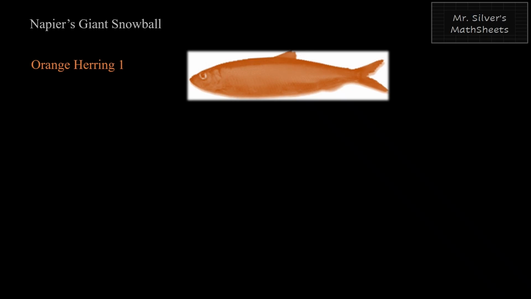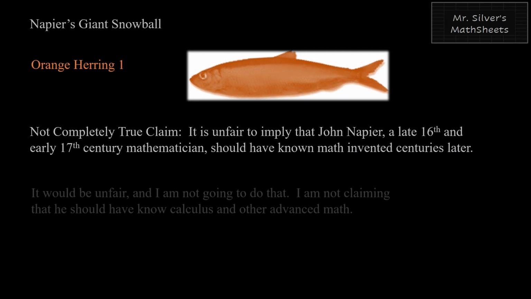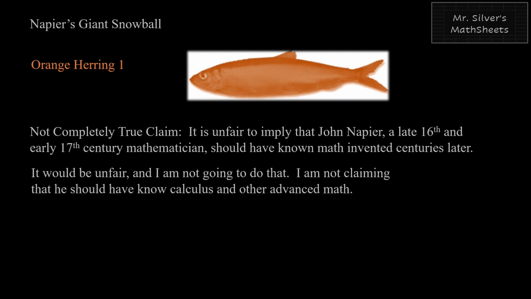Okay, orange herring. This is a not completely true claim, but not completely false either. It's unfair to blame John Napier, a mathematician who lived a long time ago, for math he didn't know about. Yeah, that would be unfair. I'm not claiming that he should have known about calculus or other advanced math.